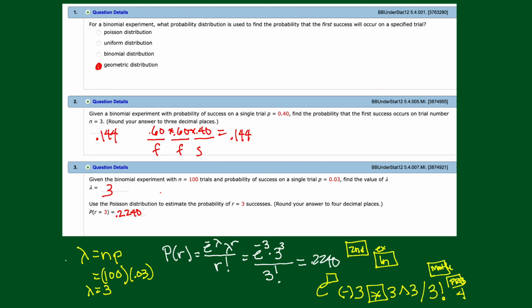Now let's do it by calculator. Press second VARS, because it's a distribution, so we're going to go get one of our probability distributions. Scroll down to C, which says Poisson PDF.